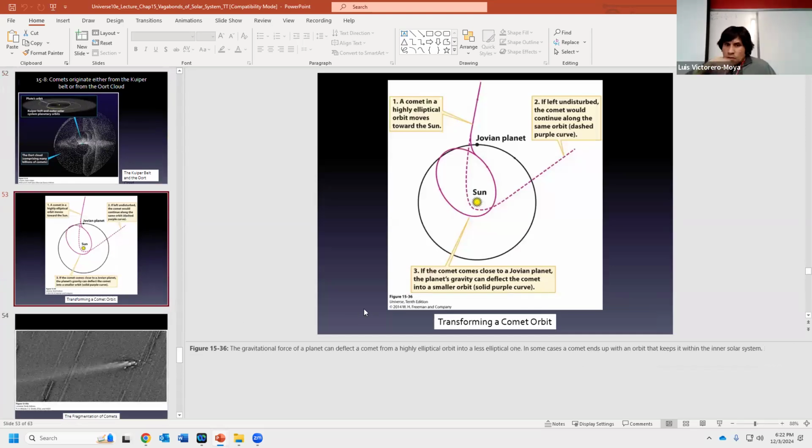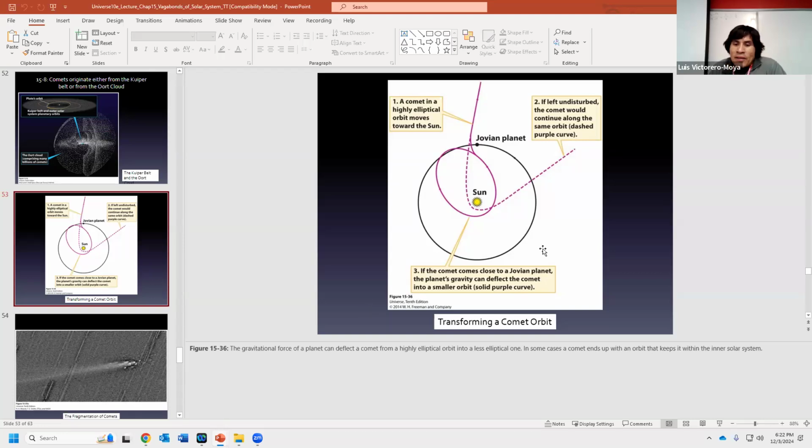So there it is, right? That's kind of what happens when a comet in highly elliptical orbit moves towards the sun. Sometimes it can be disturbed by the gravitational pull of other planets. For example, Jovian planets, right? They have a very large mass.